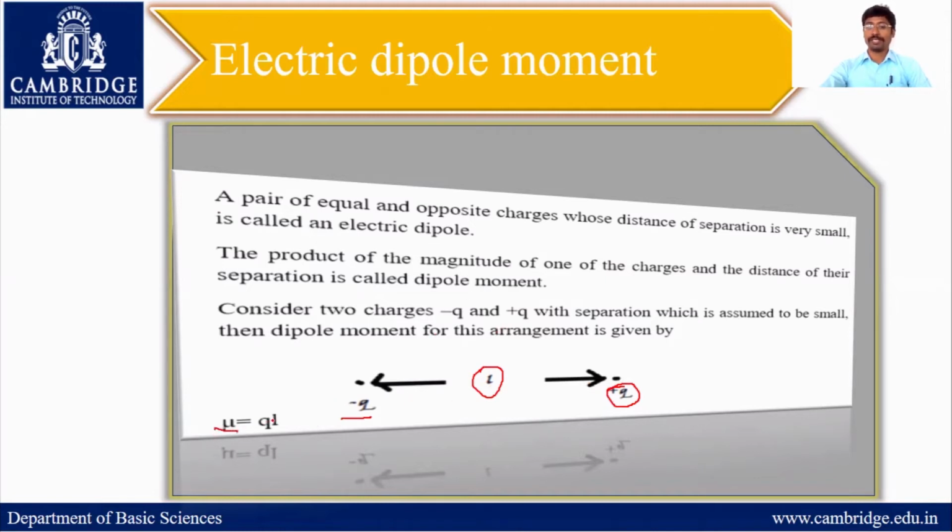Mu equals QL. Or the same mu we can write as mu equals minus Q into L. Q is the point charge and L is the distance of separation. Here the two charges plus Q and minus Q are separated by a very small distance L. This is the electric dipole and dipole moment.